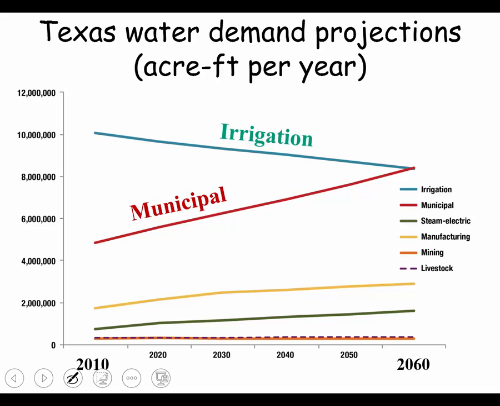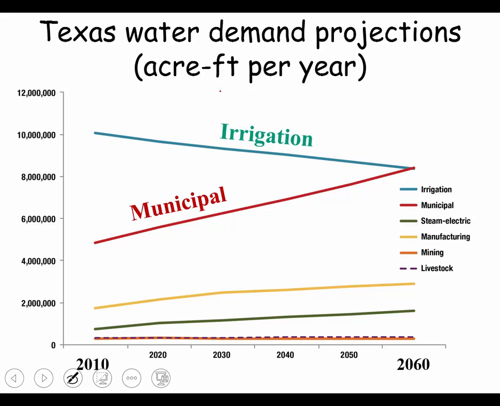In fact, here is how the demand is projected. Municipal is going to rise more or less with population. On the other hand, irrigation is going to have to drop, and we're going to have to be increasingly efficient in things like manufacturing, electric, etc. And by the time we're down here, we don't project any increase.